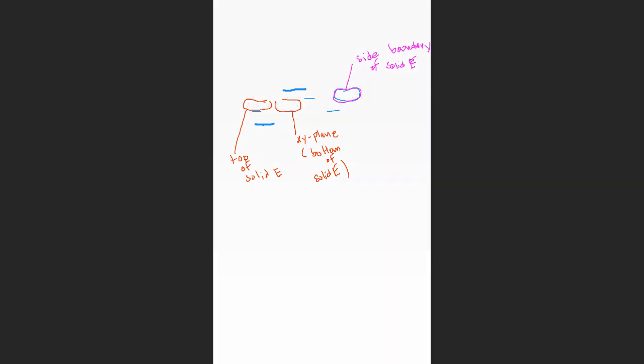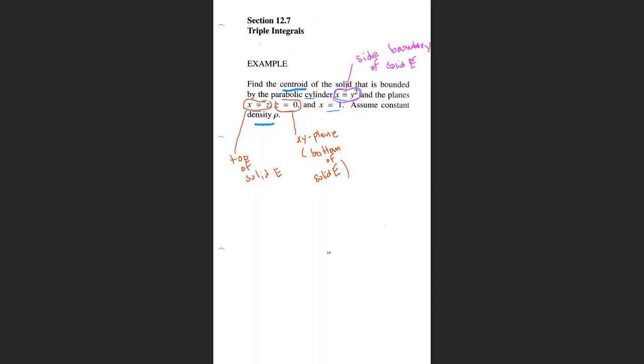That'll form a curtain that goes up and down. And x equals 1 is another side boundary of the solid E.